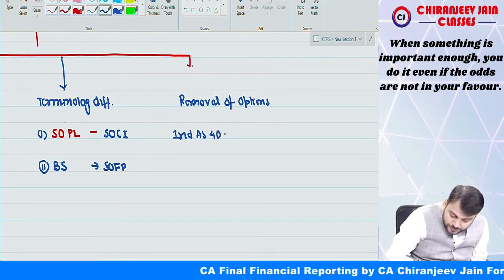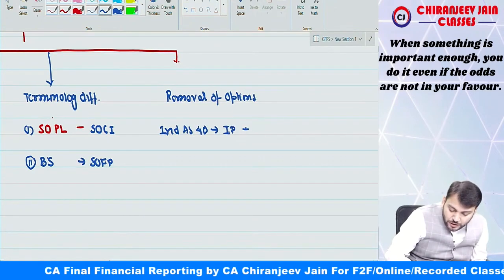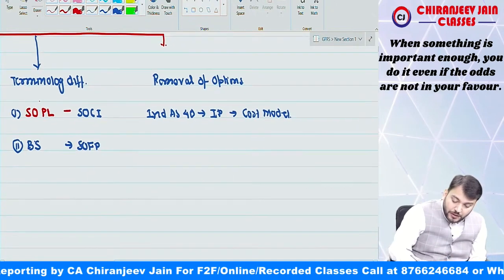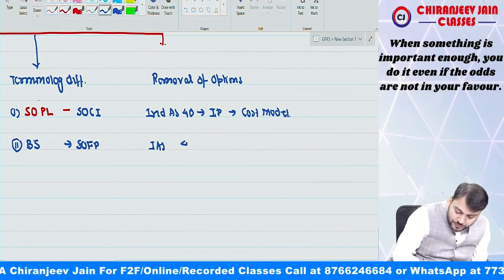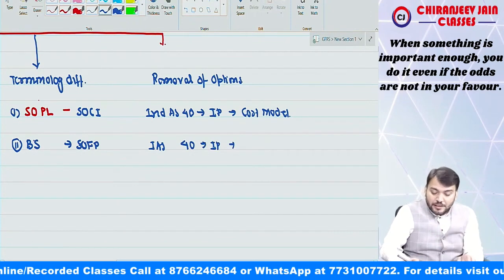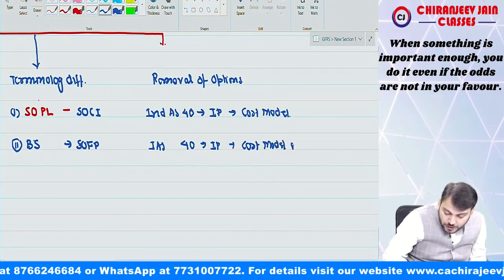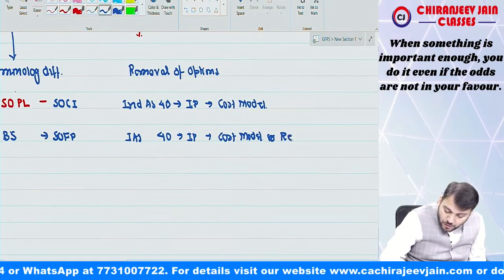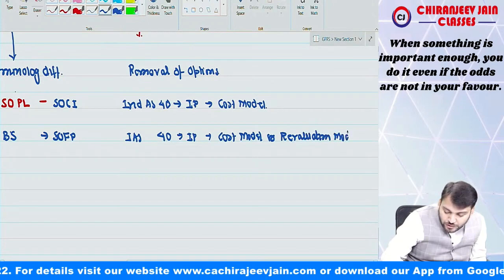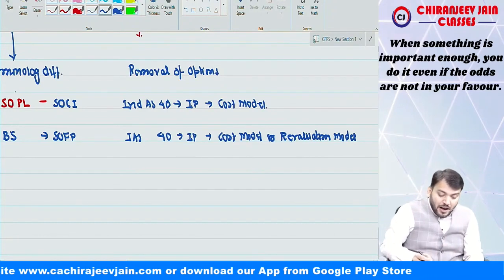Ind AS 40 says that for investment property, for subsequent recognition, only the cost model can be used. But as compared to this, IAS 40 says investment property can be subsequently recognized either by using the cost model or the revaluation model. I hope you have understood. So this option has been removed in India. I hope you have understood this point.